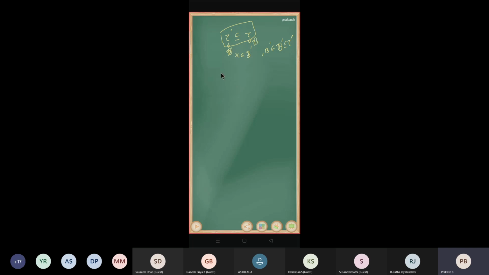First take an element x belongs to b dash, where b dash belongs to script b dash. Now you have to find an element b in script b such that x belongs to b, and b is contained in b dash. If this condition is satisfied, then we can say that tau dash is contained in tau.